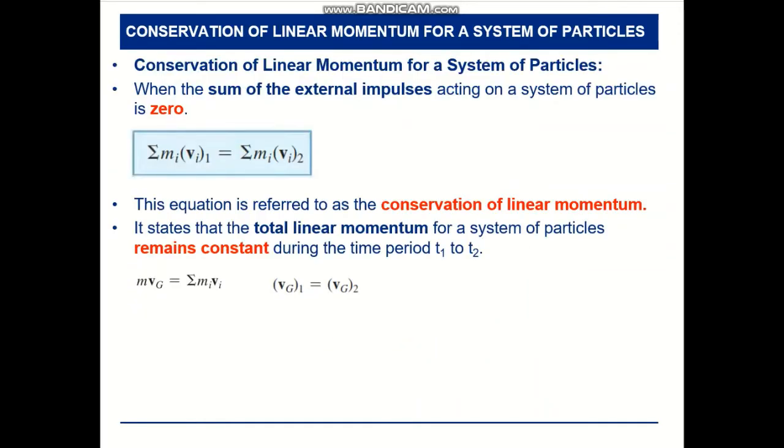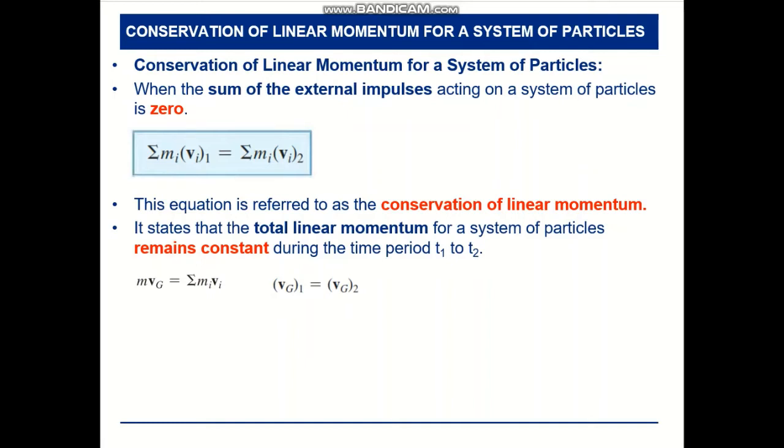What about the conservation of linear momentum for a system of particles? When the sum of external impulses acting on a system of particles is zero, that means there are no external forces acting on the system, so we can take out this integral of F dt term, and each mass multiplied by each initial velocity is equal to each mass multiplied by the final velocity.